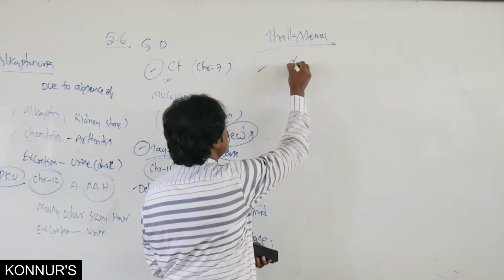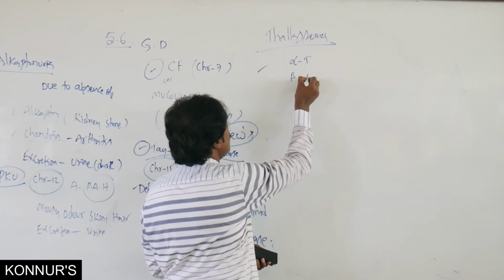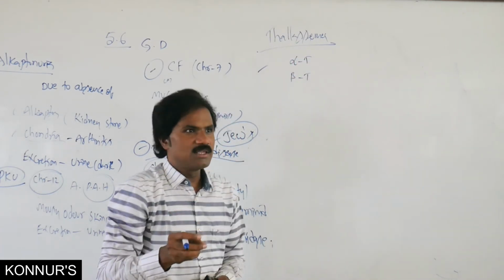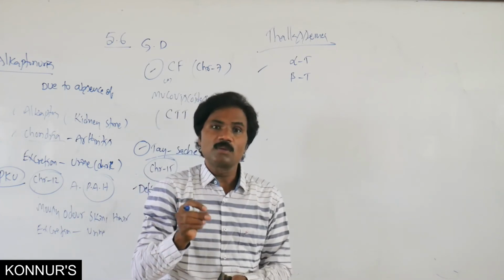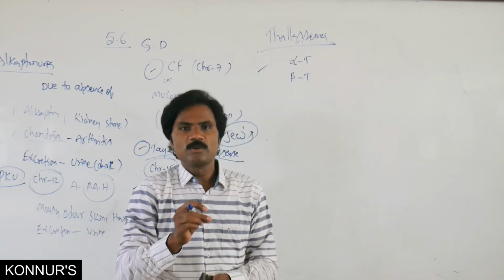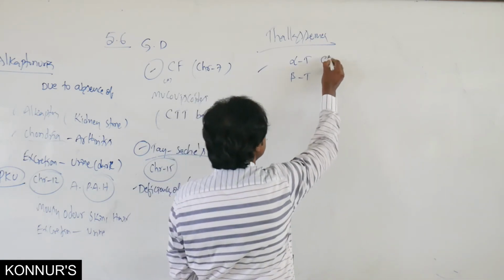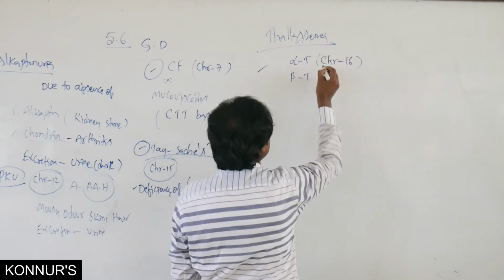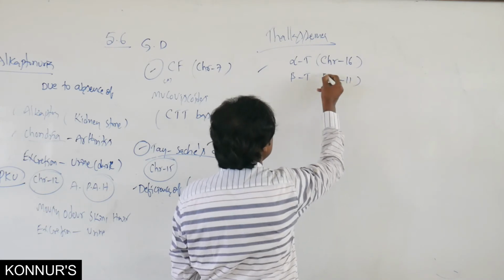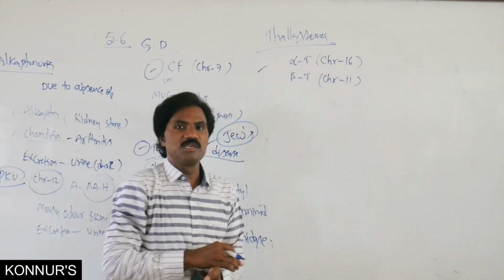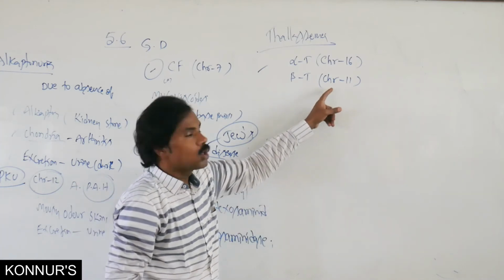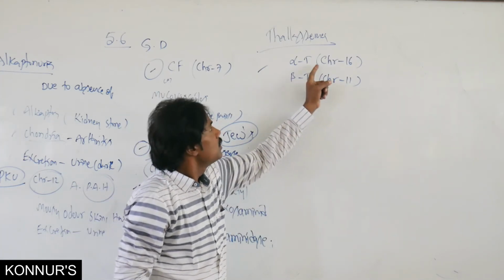In alpha thalassemia, the defective genes, that means the controlling genes, are present on chromosome 16. Beta thalassemia is present on chromosome 11.